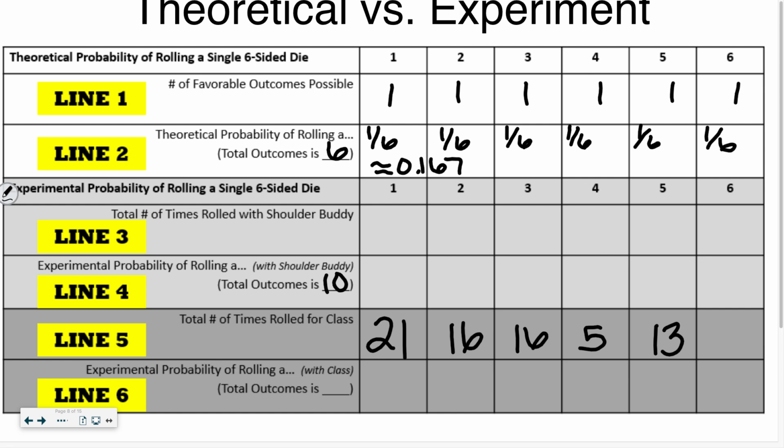Let's make sure that those add up. 17 or 19? I have 19. Okay, 1, 2, 3, 4, 5, 6, 7, 8, 9. We should have 90 total outcomes for our class. Okay, so let me see if those numbers add up to 90.